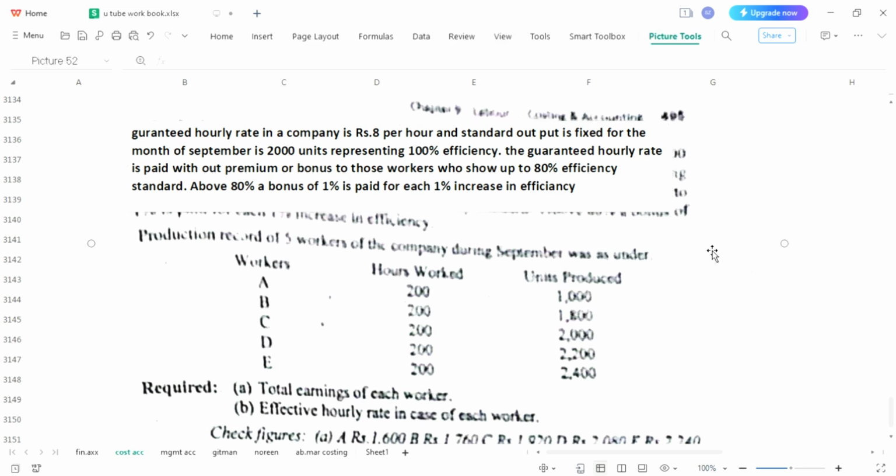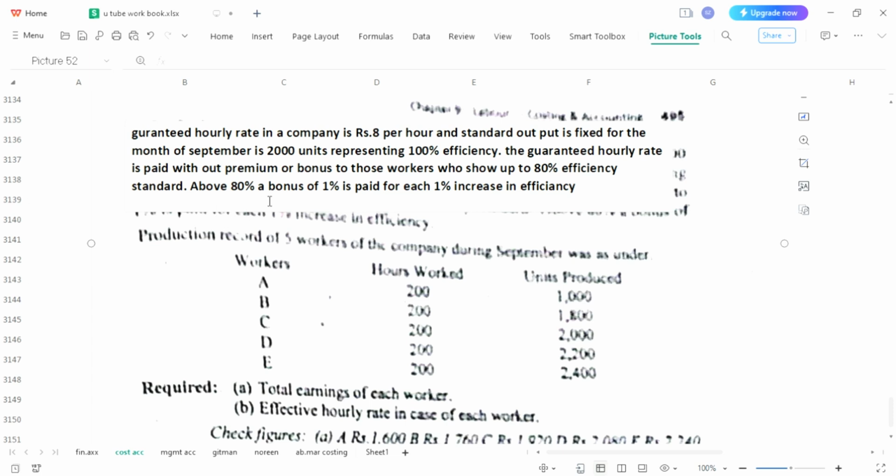It means if someone had produced 2000 units, and beyond that somebody had produced more than 2000 units, he would be given bonus. And there is a little ease for the workers: if somebody had achieved 80% of the targeted units, even then he would be considered good.